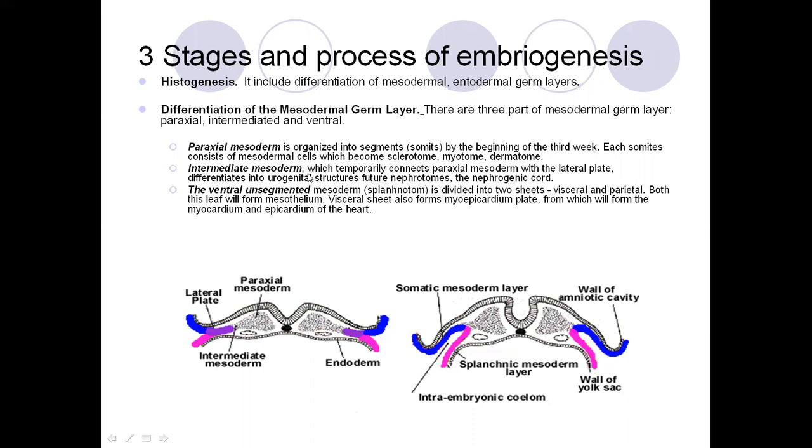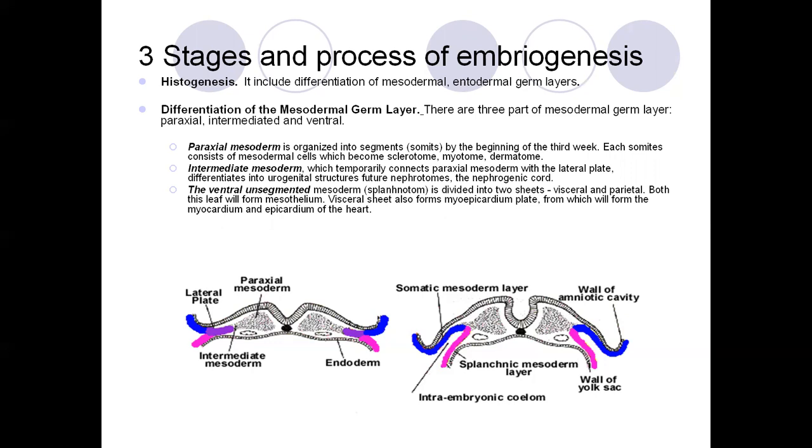Paraxial mesoderm is organized into segments, somites, by the beginning of the 3rd week. Each somite consists of mesodermal cells, which become sclerotome, myotome, and dermatome. Sclerotome will produce bone tissues, especially bone tissues of the vertebra.